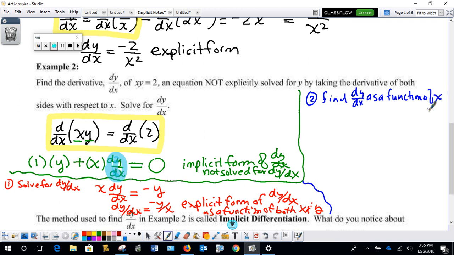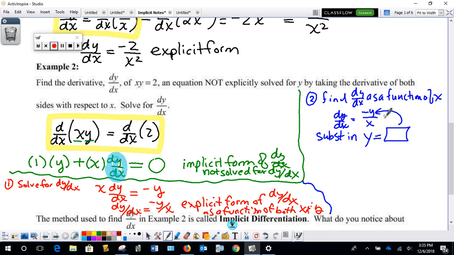And if they add that in, okay, then what we need to do is go one more step, which is to take this dy dx, which is equal to negative y over x, and substitute in y equals something in order to get rid of that y.